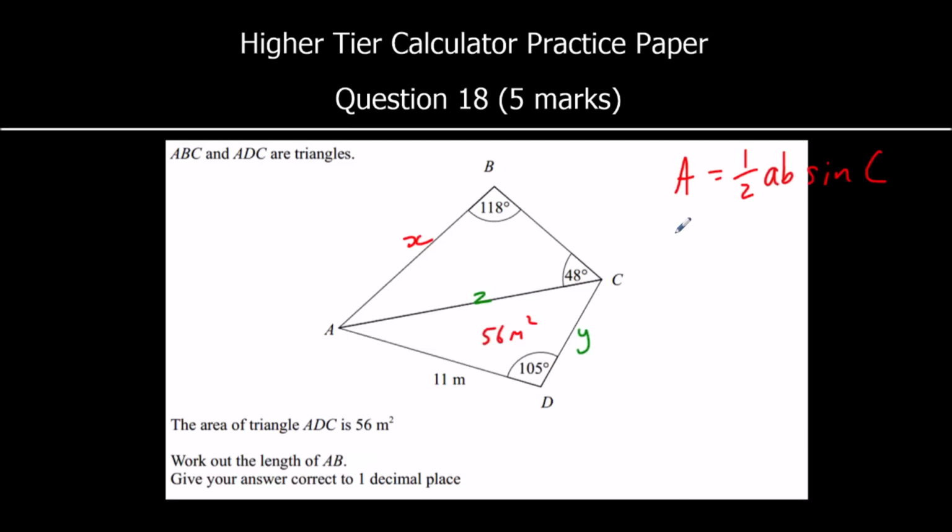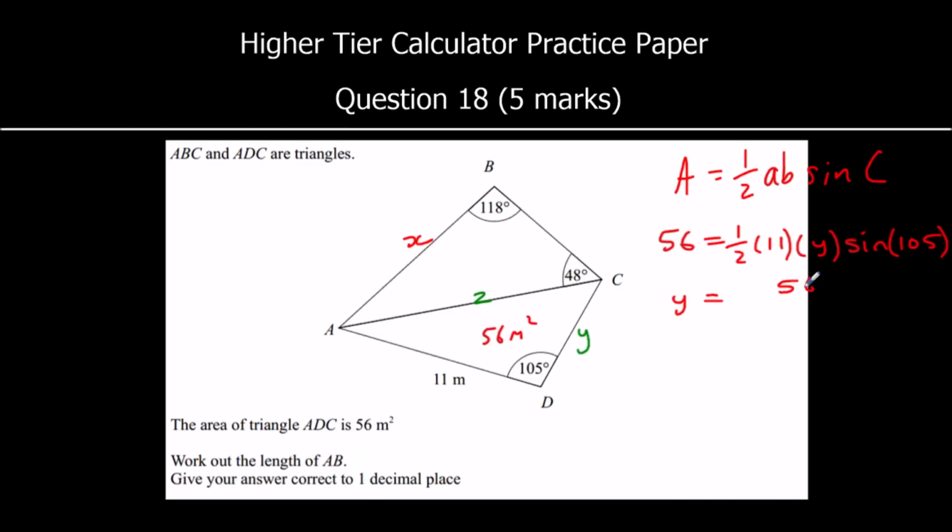So the area, 56, is half times 11 times y sine with the angle 105. So to get y by itself, divide by half times 11 times sine 105.